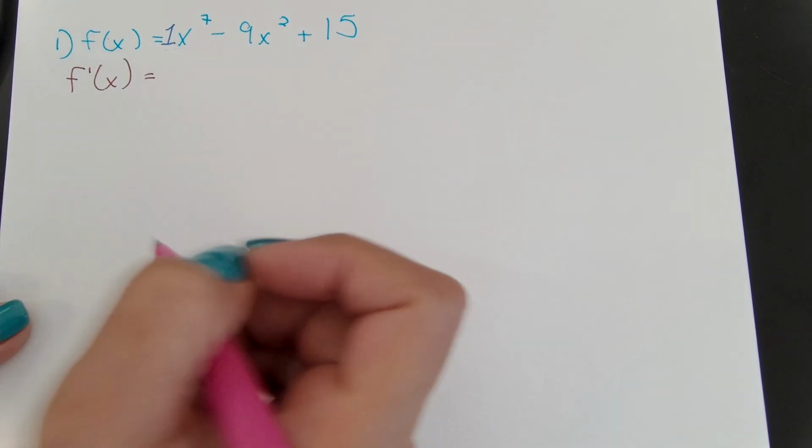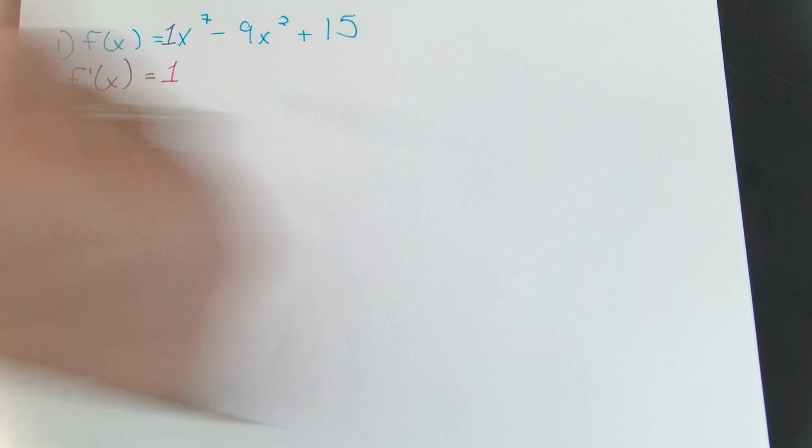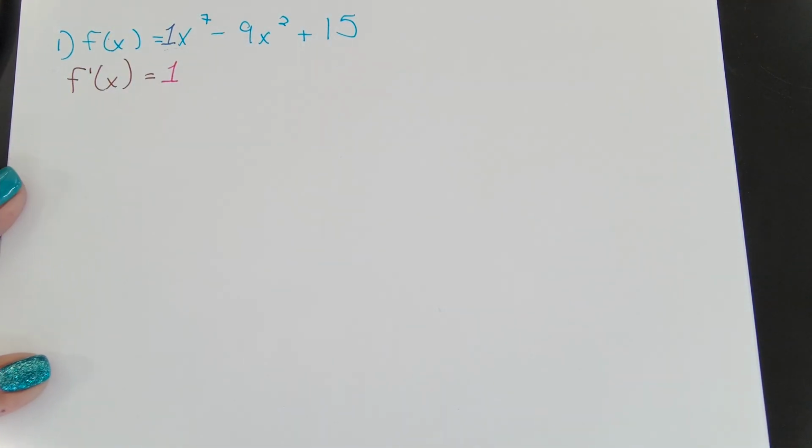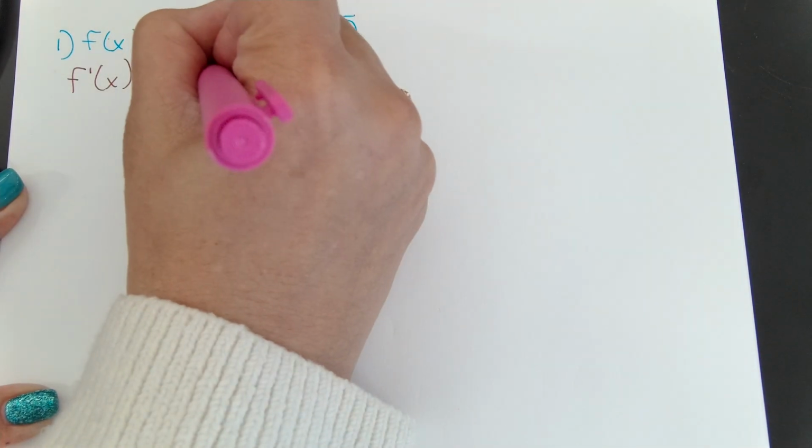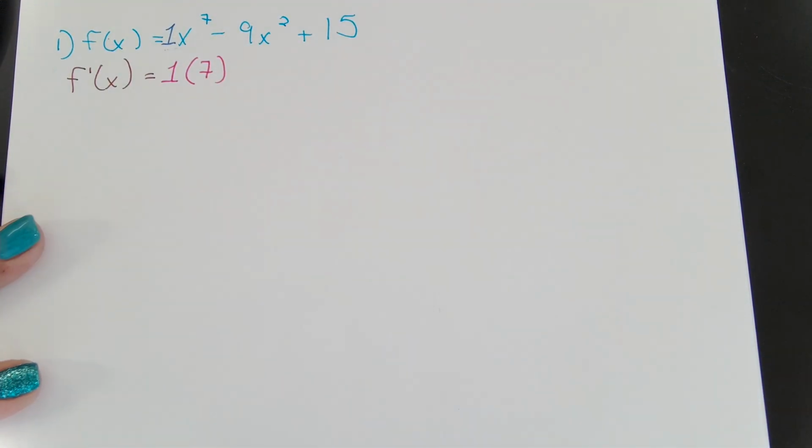Okay. So now that I have my coefficient, I'm going to multiply by my exponent. So the x would just turn into a 1? The x does not turn into a 1. The coefficient is a 1 because there's no number there.